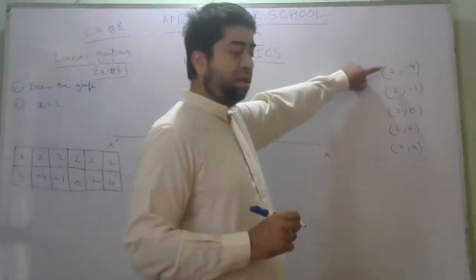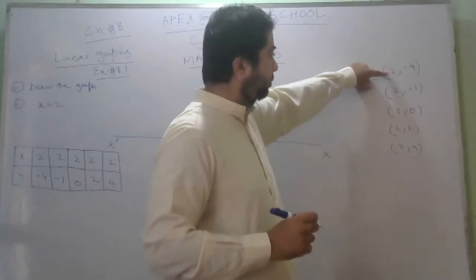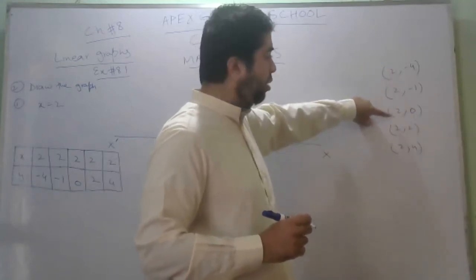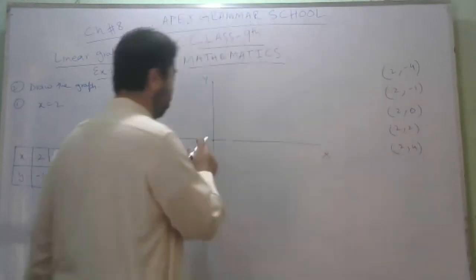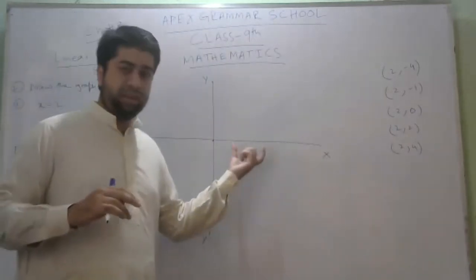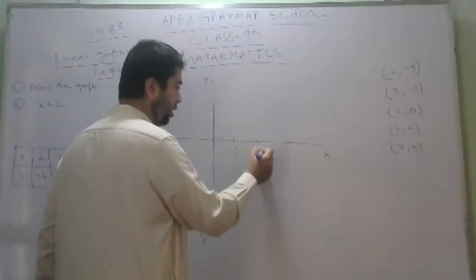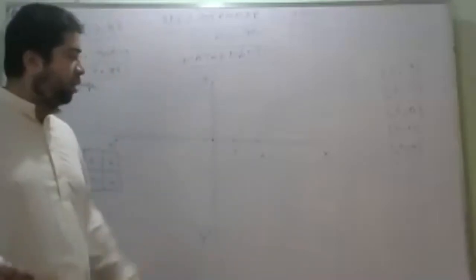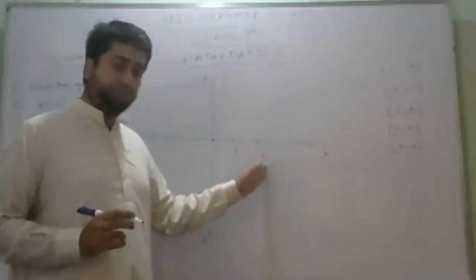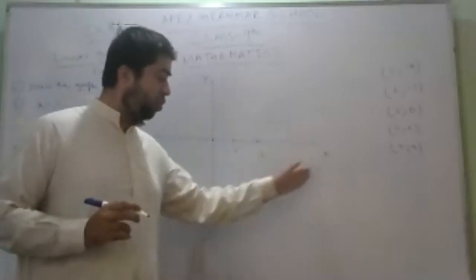First, you can see that we need to plot the values of X. The value of X is only positive 2. So this is 0, positive 2 will be on x-axis, toward this side. This is 0, this is 1, and this is 2.